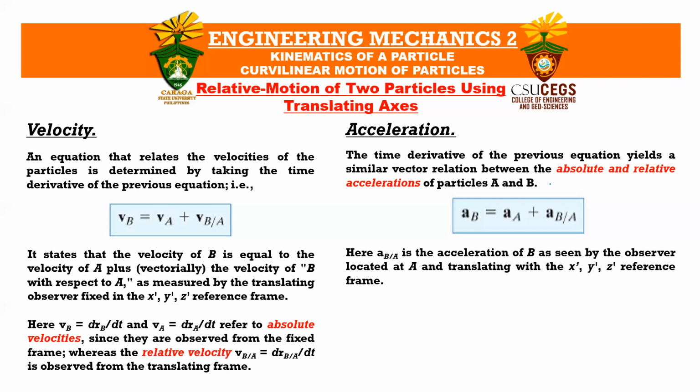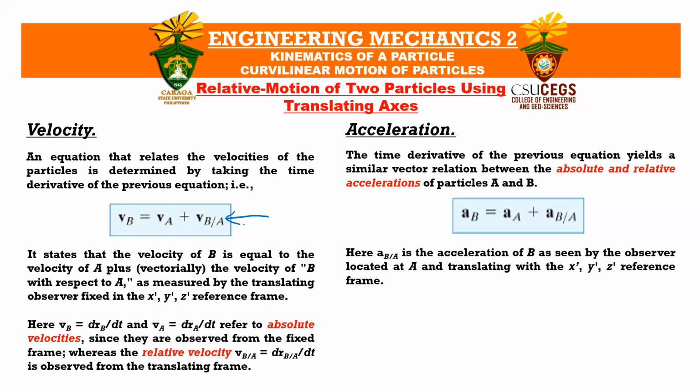Whereas the relative velocity, vector v of B relative to A, is equal to the derivative of vector r of B relative to A with respect to time, and is observed from the translating frame. Again, this equation was derived from the position equation from the previous slide.